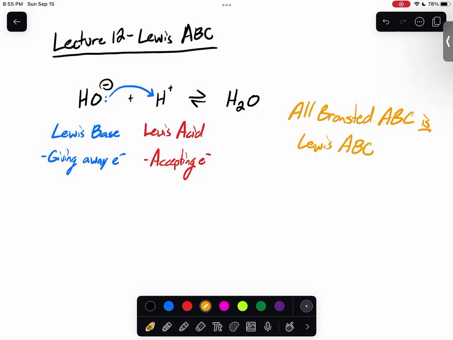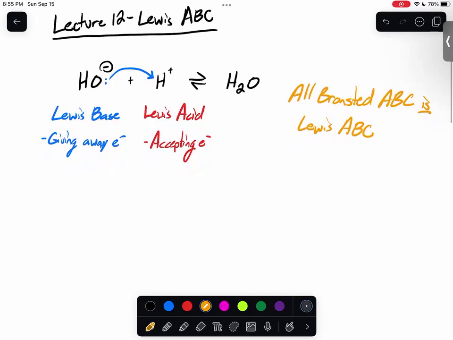It can be defined as both, essentially. However, it's the same idea as the rectangles and squares argument that you may have heard before, where all squares are rectangles, but not all rectangles are squares. So it is also true that not all Lewis acid-base chemistry is Bronsted.